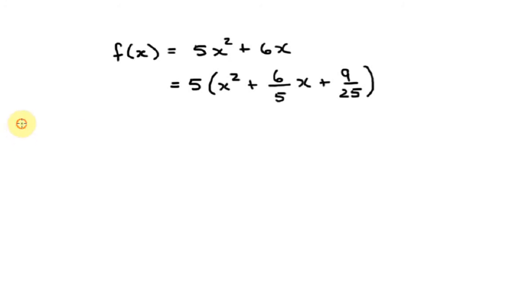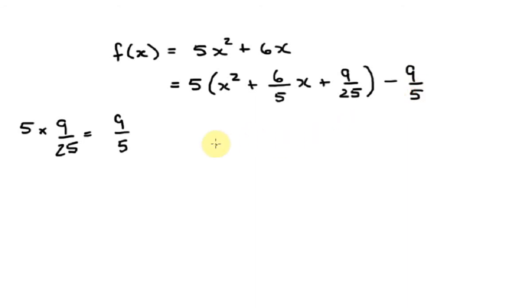Well, the number that I actually put in is 5 times, because we've got the 5 out here, 5 times 9/25. So it's not that bad. Okay, it looks a little ugly, but actually the number we put in is 9/5. So what I've done here is I've divided the 5 that's out in front with the 25 on the bottom. So to compensate, I'm just going to take away 9/5.